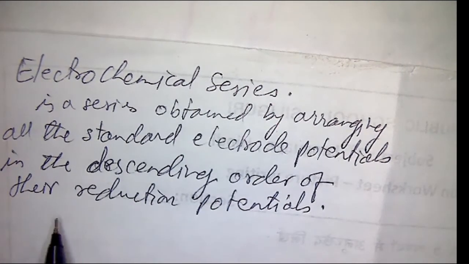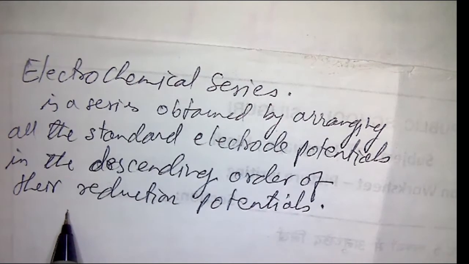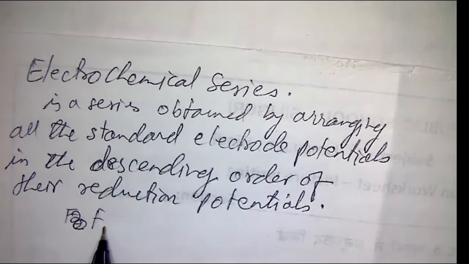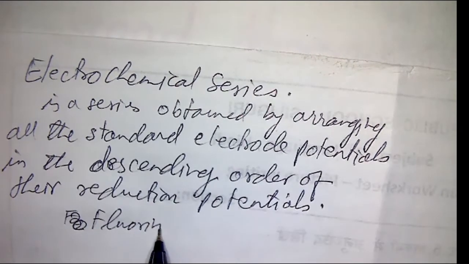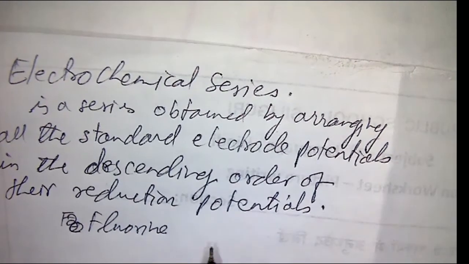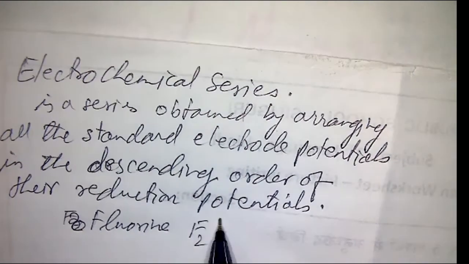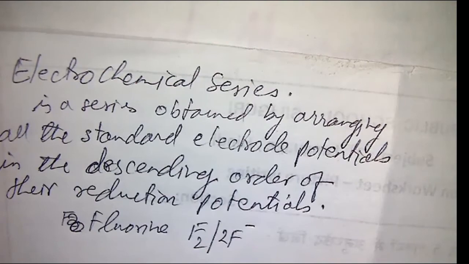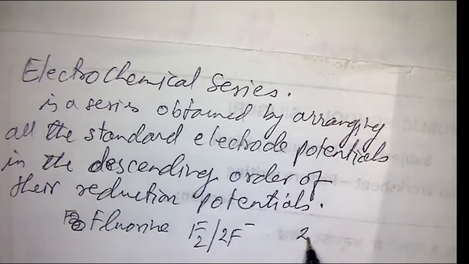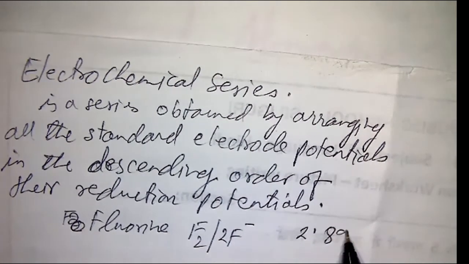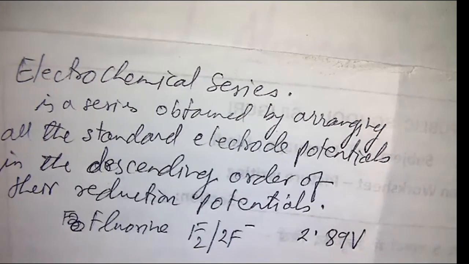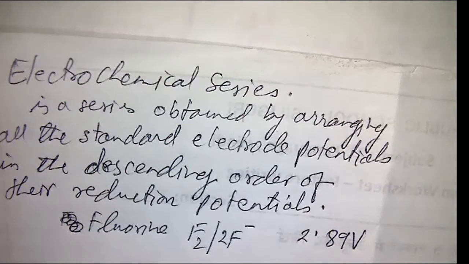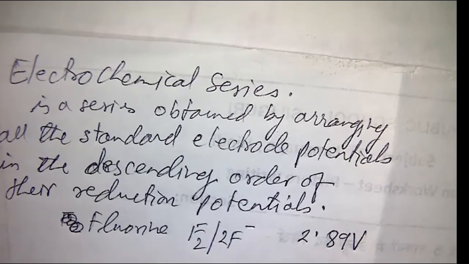The topmost one will be fluorine. You take fluorine, then it is F2/2F minus is the reduction part, and for this the value is 2.89 volt. Here, this is the maximum. As you go downwards, it will go on decreasing.